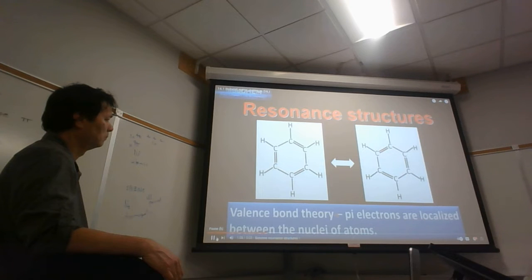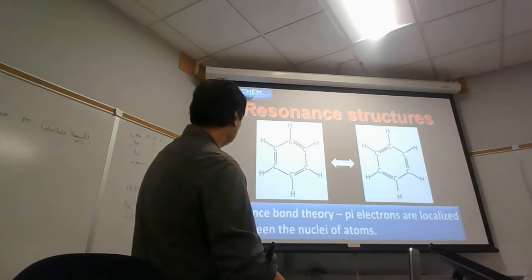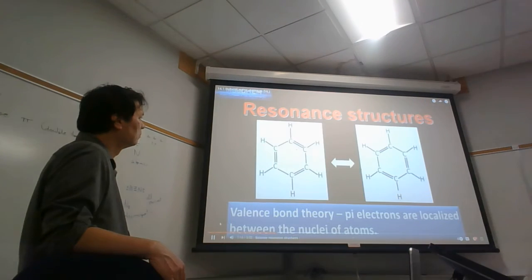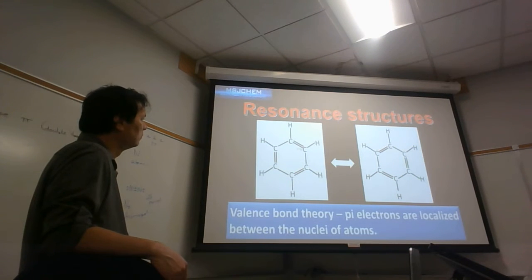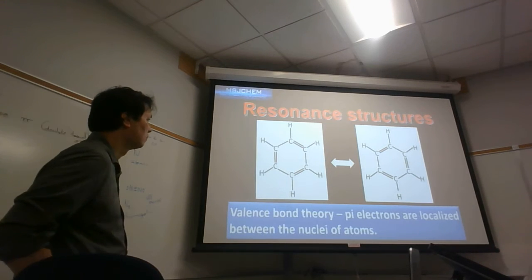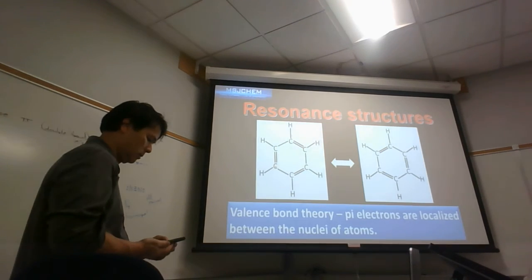In the valence bond theory, the pi electrons are localized between the nuclei of atoms. That means that the pi electrons which form this carbon-to-carbon double bond are localized between these two carbon atoms. One of the problems with the valence bond theory is that the carbon-to-carbon bonds in the benzene molecule are actually equal length and equal strength. So the benzene molecule does not feature alternating carbon-to-carbon single and double bonds.